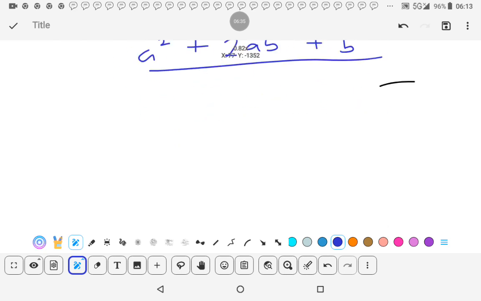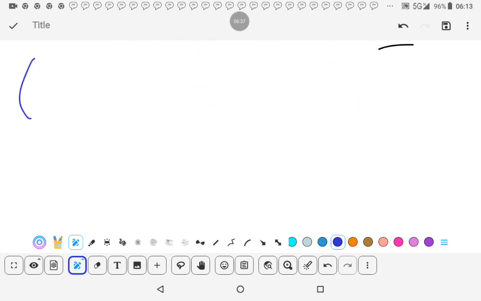So let's use numbers. If we have 3x plus 2 squared, to expand it, first of all, you have to break it into two forms.